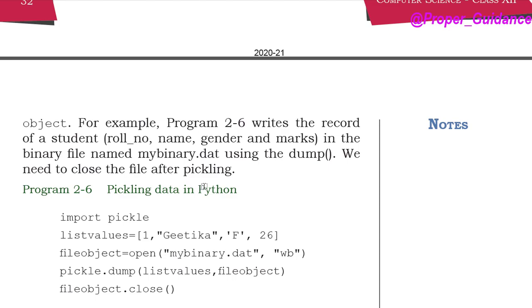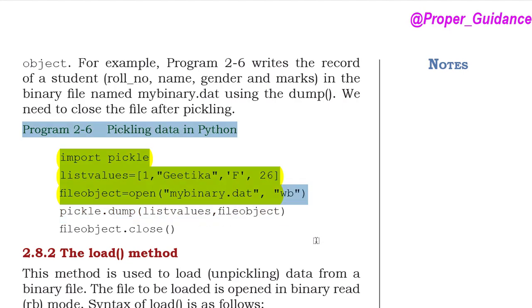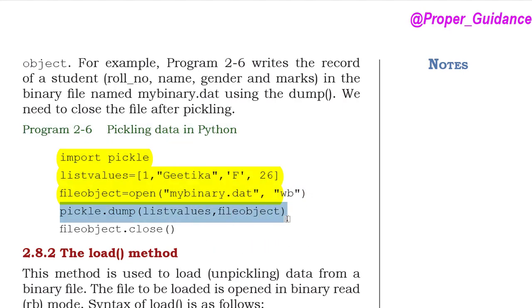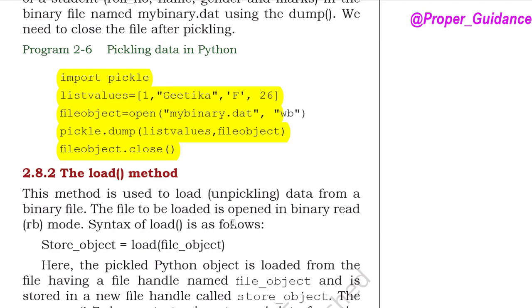We need to close the file after pickling. Pickling data: import pickle, list values, file object equals open, pickle.dump(list values, file object), and file object.close(). So this is how pickling happens.